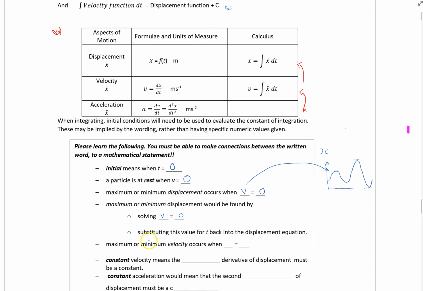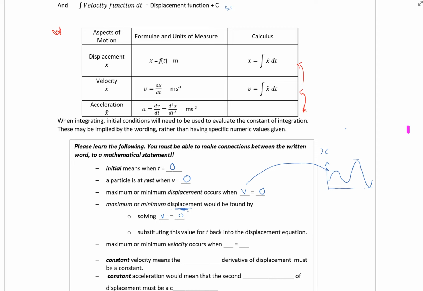Our velocity function would be in terms of t. Remember, all of our functions have the variable t. So we'll solve v equals 0, which will give us some value of t, or maybe 2 or 3 values of t. We then substitute these values of t back into the displacement equation to be able to determine the displacement.